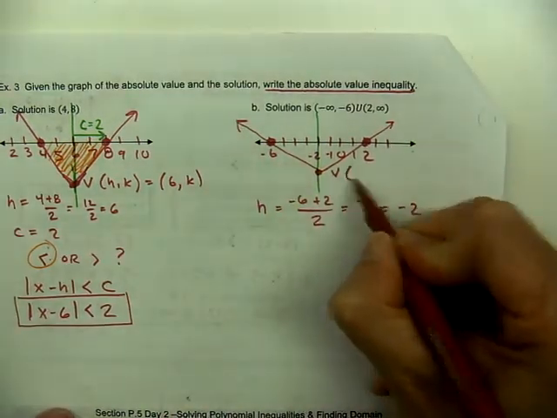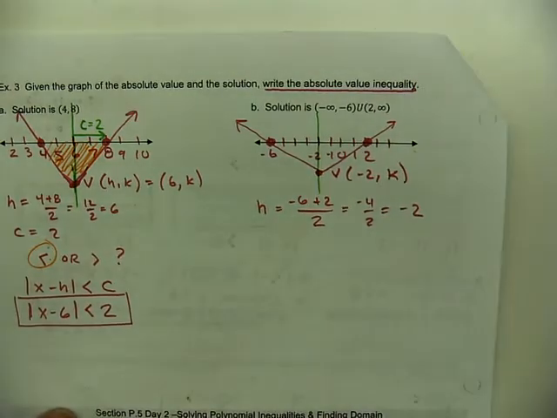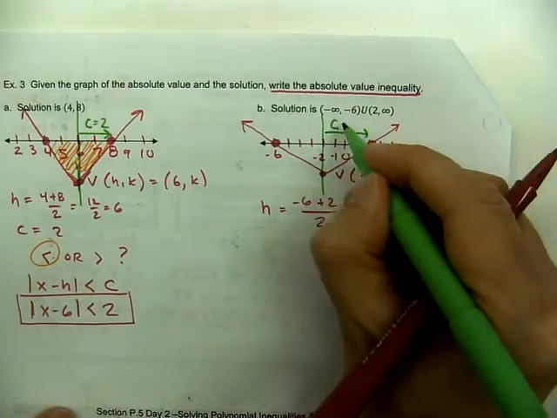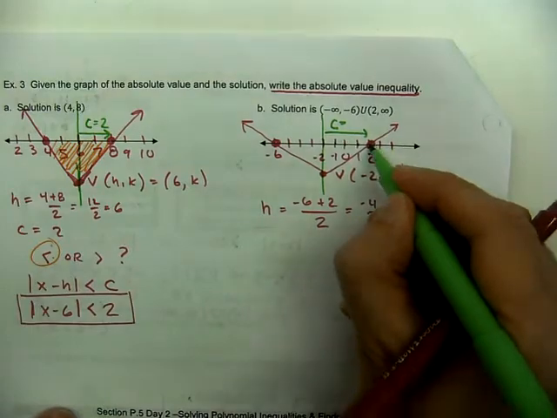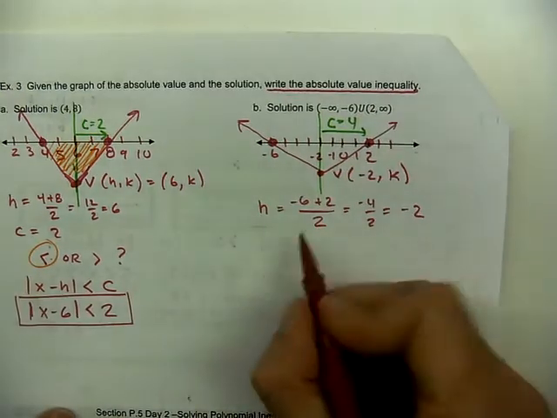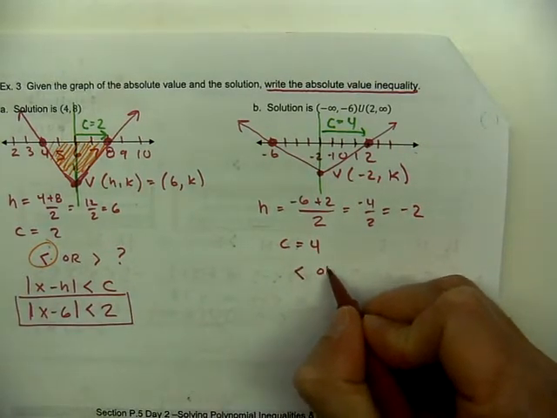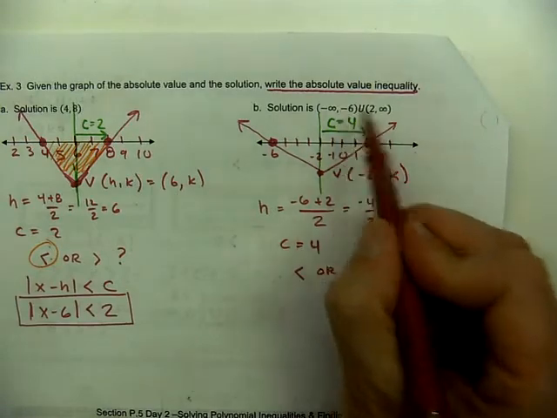So that vertex is located at -2, comma, some value of k that we don't need for this process here. Next, we're going to count the distance. This will be the letter C. So let's see, 1, 2, 3, 4 is what we want. So C is 4. And then we have to determine, do we want the less than or the greater than sign? So we look to see what is my solution interval.